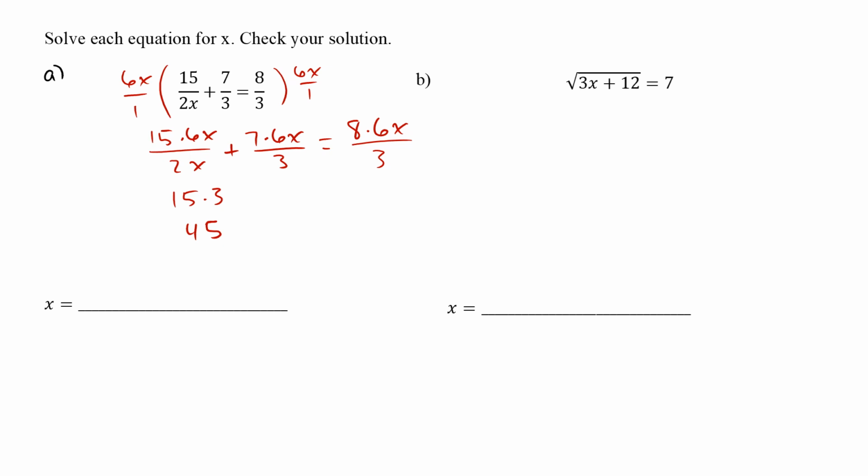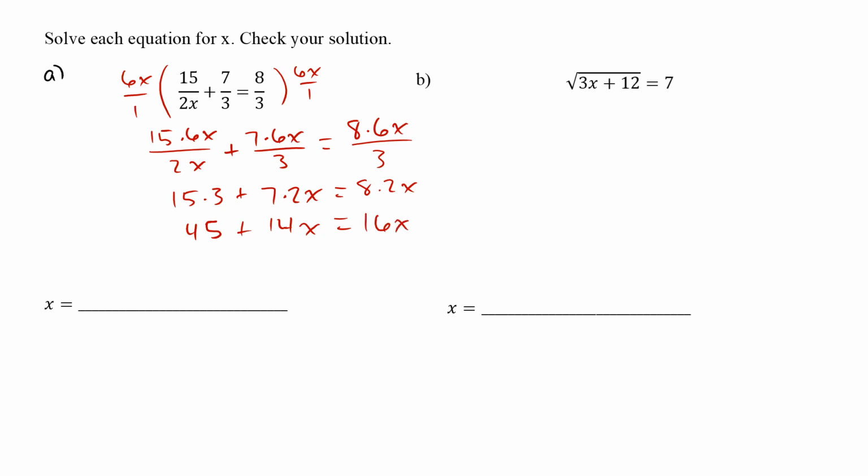And then plus 6 divided by 3 is 2. So this becomes 7 times 2x, which is a nice little 14x. And then over on the other side of that equation, 6 divided by 3 is 2. So this is an 8 times 2x, which is equal to 16x.